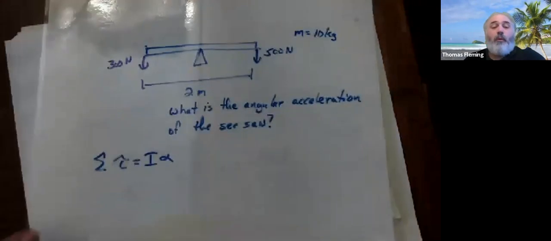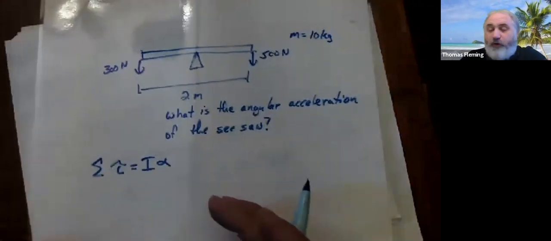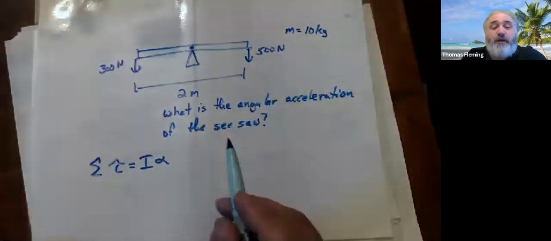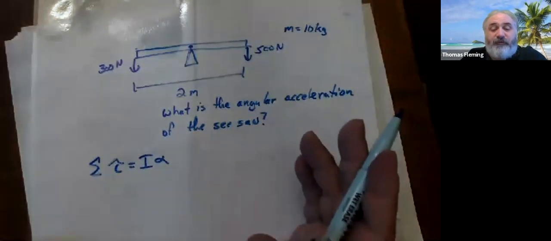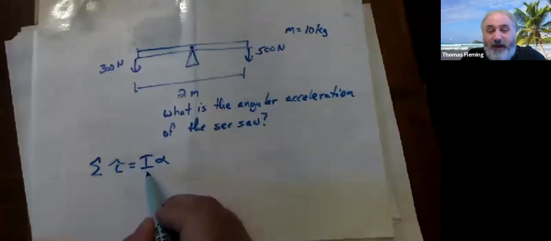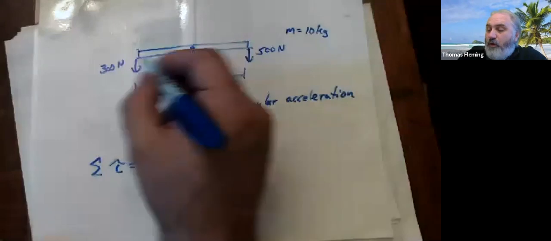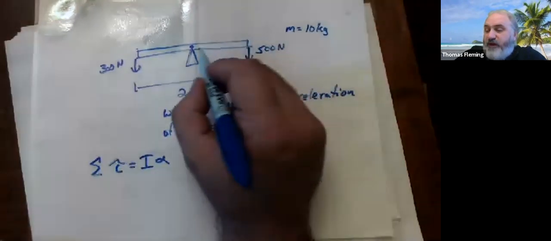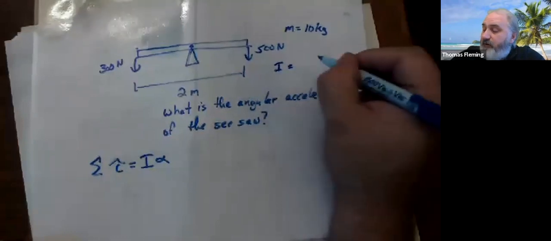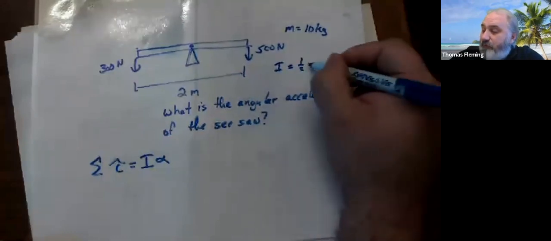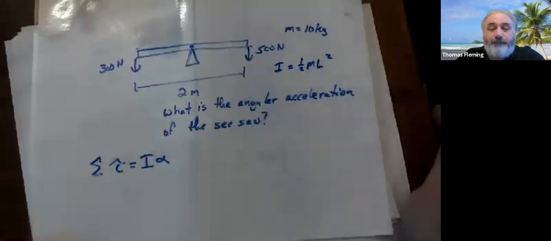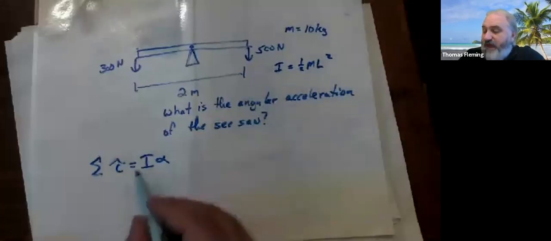First, I need to figure out where the axis is, and I know that the seesaw is going to pivot right here around the center. On the right-hand side, I need to know what I is, and for a long, thin rod rotating around the center, the expression for I is 1/12 times the mass of the seesaw times L squared. So I'll use that for I.